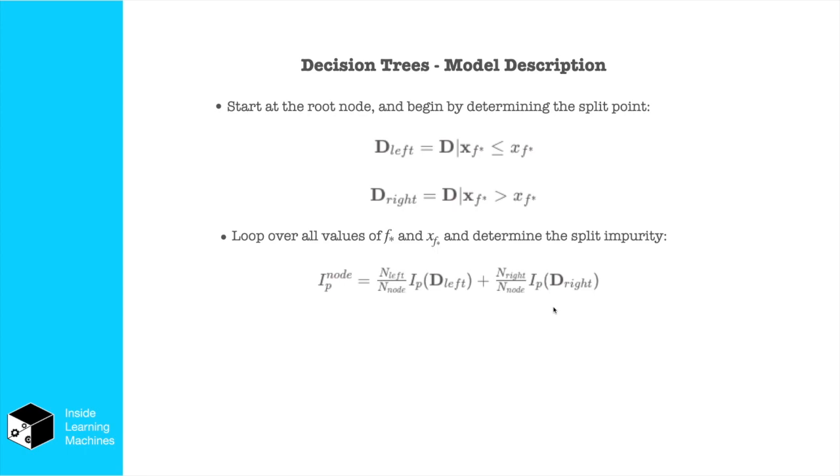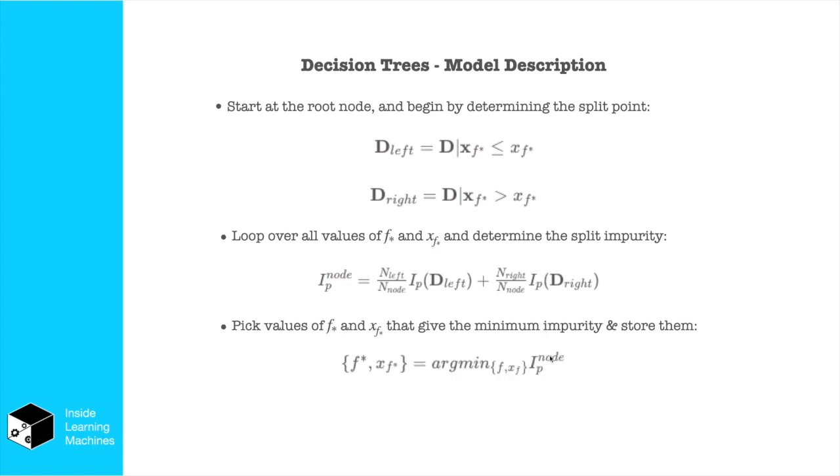So we compute this value for every single combination of F star and XF star, and with that, we simply pick out the pair that gives us the lowest value of the impurity. In effect, F star and XF star are the model parameters that we are seeking to learn during training.